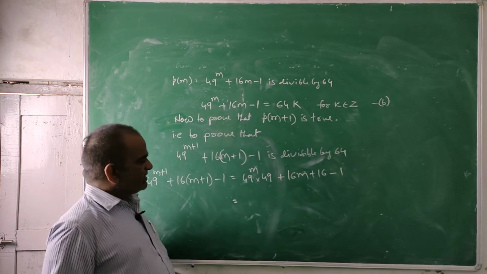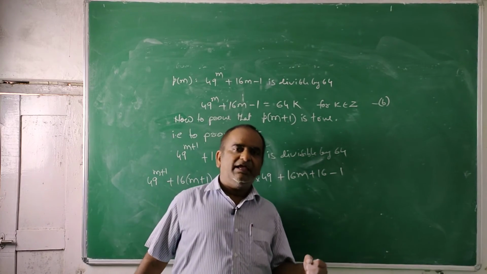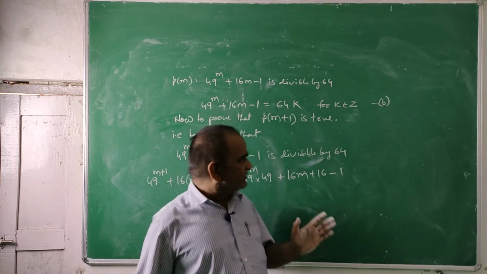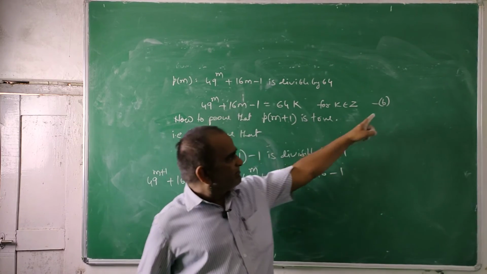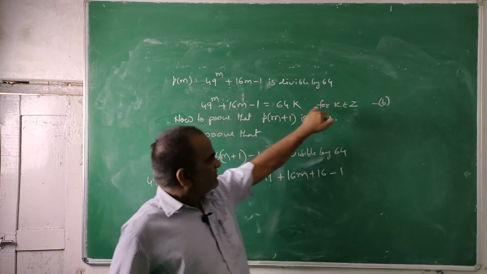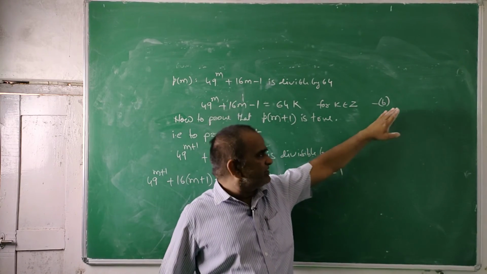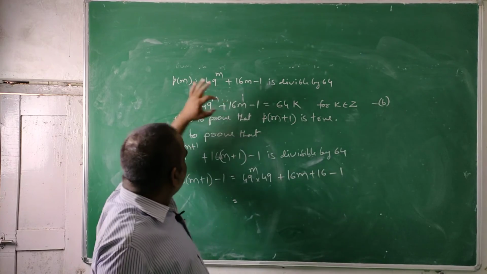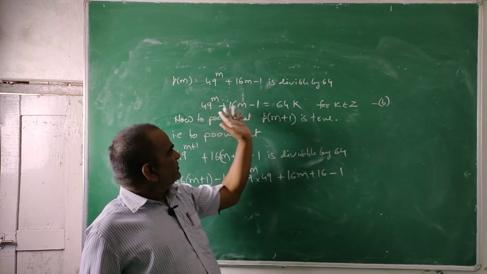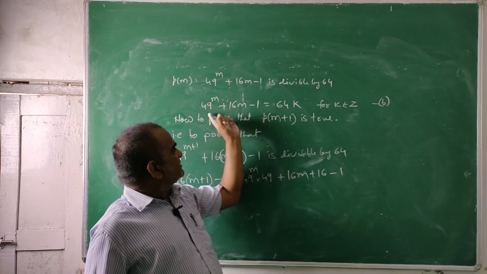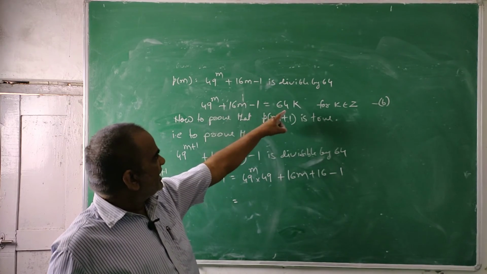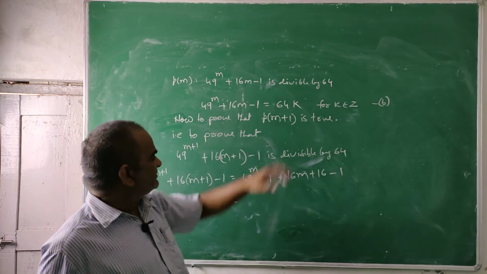Now here a tricky step will be involved. That is very simple. From equation B, as we have considered it is true, we take this 49 to the power of m value, so that by transposition, 49 to the power of m is equal to 64k minus 16m plus 1.